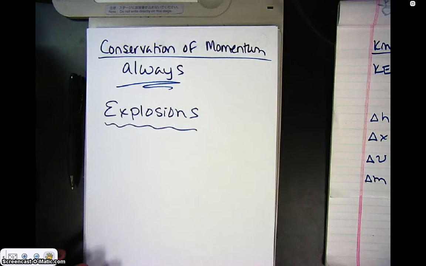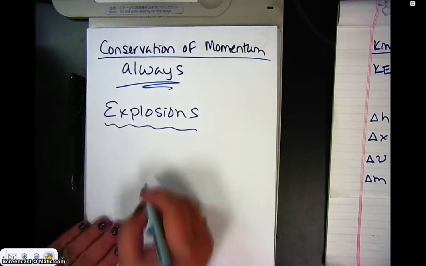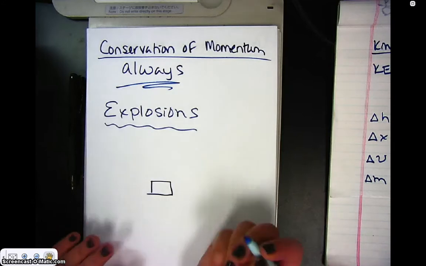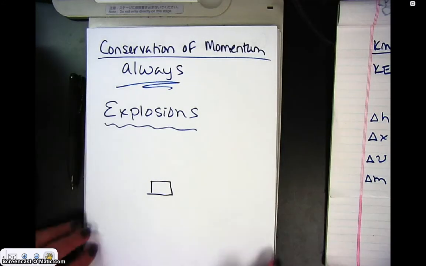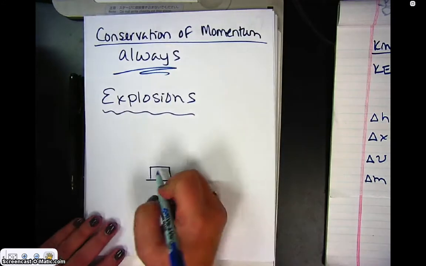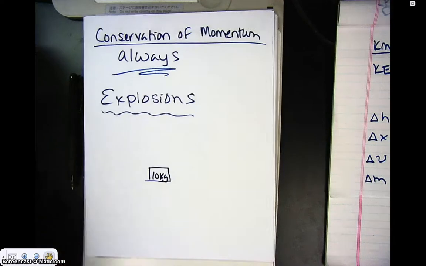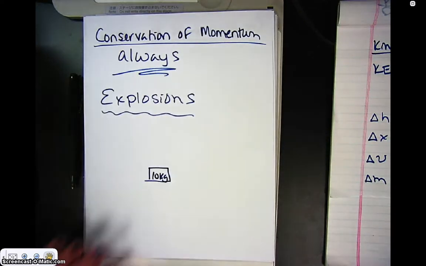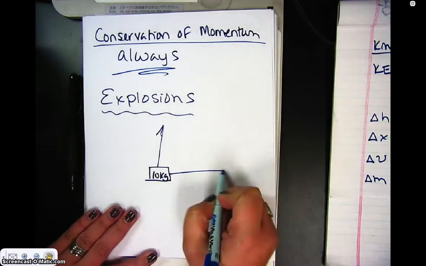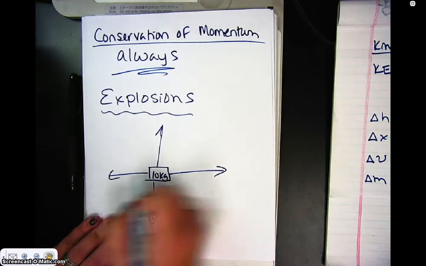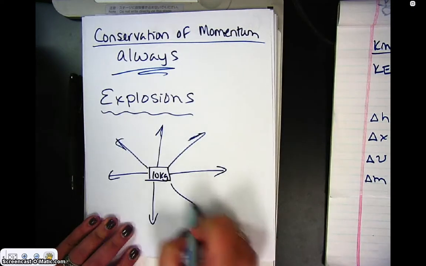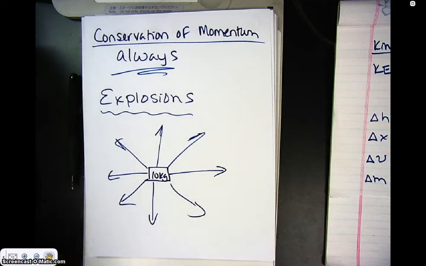Essentially an explosion is defined as when we start with some object that has some mass. Let's just say that it's a bomb or something that's a 10 kilogram mass, and when it explodes, these pieces of it are going to fly off in every direction out from this source.